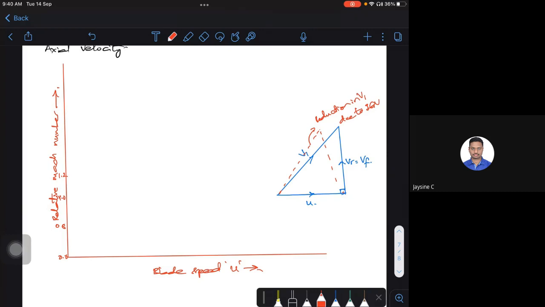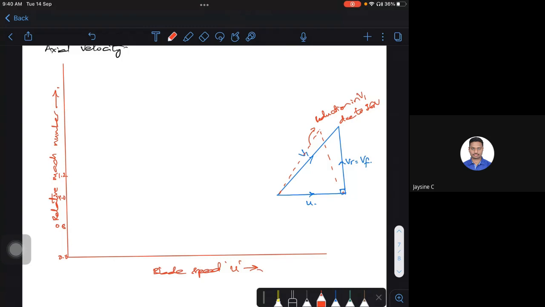These IGVs, or guide vanes, are aerodynamically necessary. What exactly will the IGV do?